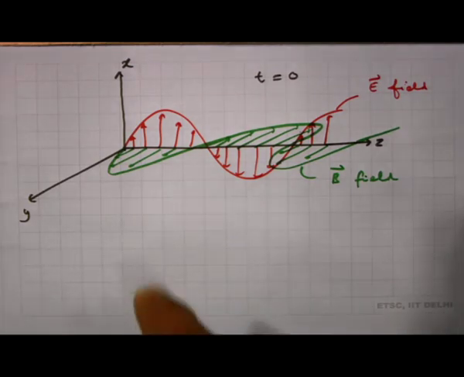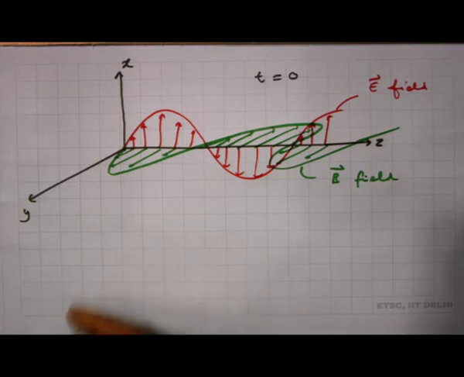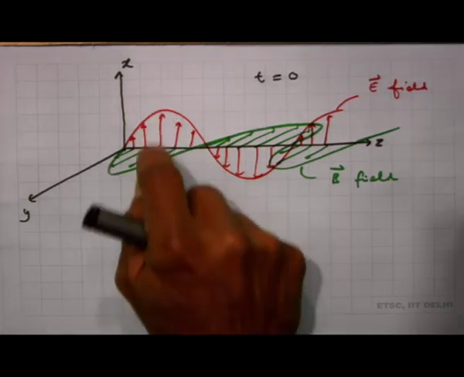Please remember that these arrows only represent the magnitude and direction of the fields and do not represent any displacement of any object. In the case of the vibrations of a string, waves on a string, the y versus x was actually a plot of displacement of the string as a function of position. So, the position of the string was being marked there. Here in this figure, there is no displacement, there is nothing connecting these two points.